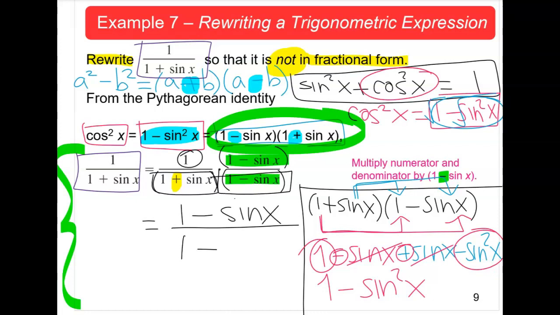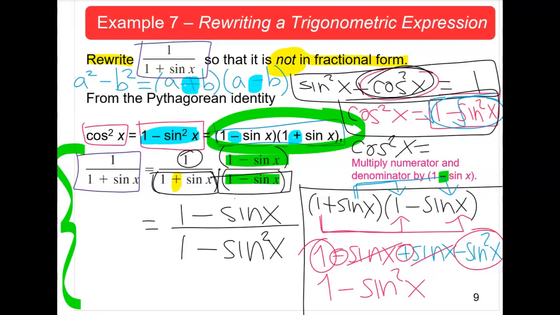So 1 minus sine square x. Now, going back to our Pythagorean identity, from the beginning, when we started working with this slide, we solved for cosine square x, and I'm going to rewrite it because I have so much stuff written on it. We got 1 minus sine square x.